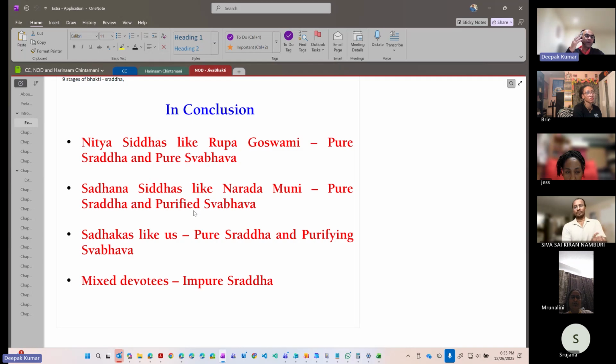They grew into the pure devotee using their sadhana. And Narad Muni is one of the examples. So his faith is pure, and his nature has been purified. It was not purified at some point, long time back. We can't even comprehend. Okay, because for all practical purposes, Narad Muni is the pure devotee.